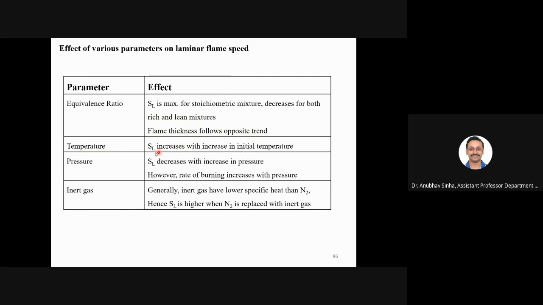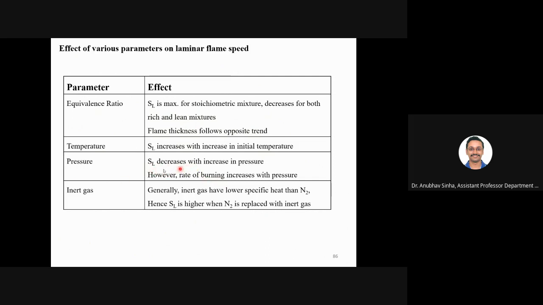Now what about temperature? SL increases with increase in initial unburnt temperature. Now pressure is actually something interesting. I want to add some more bullet points. Burning mass flow m naught will increase with increase of pressure, but SL will decrease.